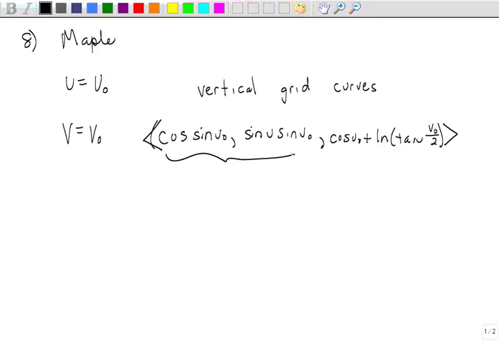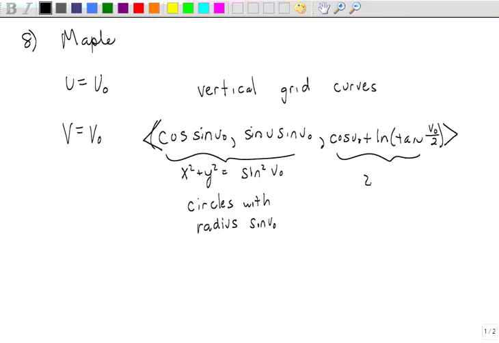So here we get x squared plus y squared equals sine squared v0. Those are circles with radius sine of v0. And z's constant, so they're in the z-plane. So those are the horizontal grid curves.